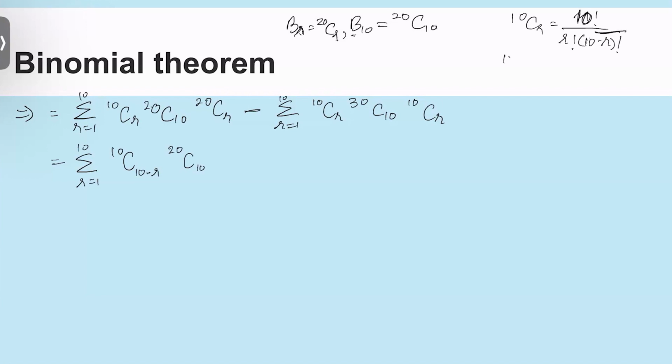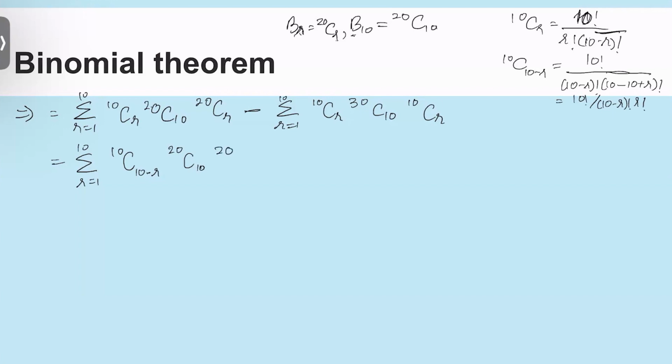And if you write 10C(10 minus r), you will have 10 factorial upon r factorial, then 10 minus r factorial, and you have n minus r, so this will be 10 minus 10 plus r factorial. So this actually becomes 10 factorial by 10 minus r factorial and r factorial. So therefore, your 10Cr is going to be equal to 10C(10 minus r), when your r becomes 10 minus r.